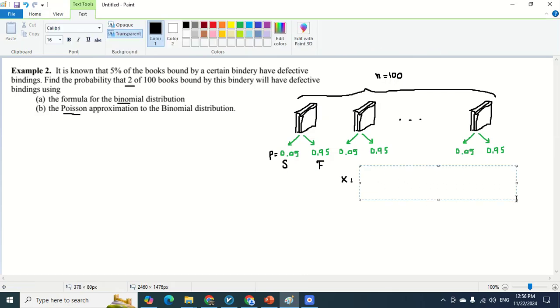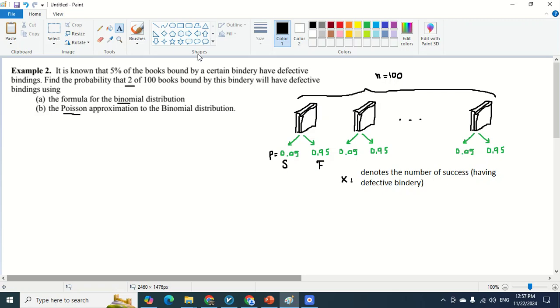It is a random variable that denotes the number of successes, and the success over here is having a defective binding. So we can say that x follows the binomial distribution with n equal to 100 and the probability of success equal to 0.05.